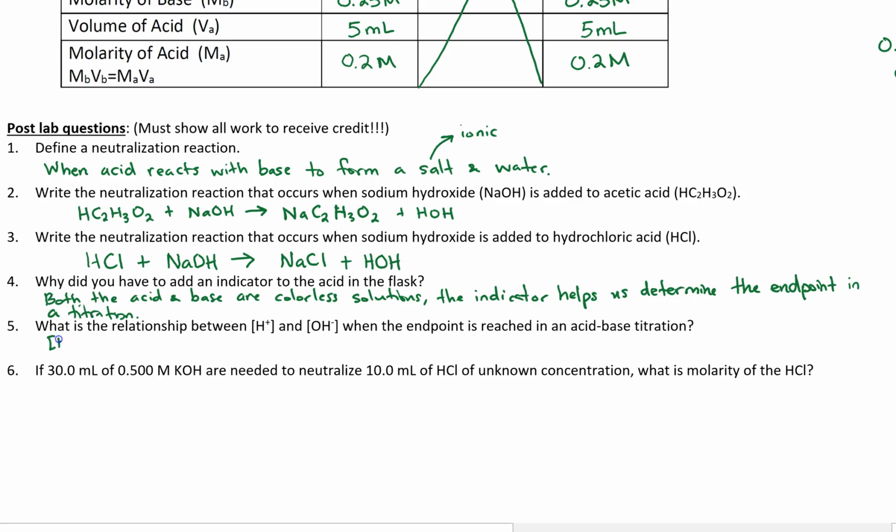So the concentration of hydrogen ions is equal to the concentration of hydroxide ions when the endpoint is reached in an acid-base titration.